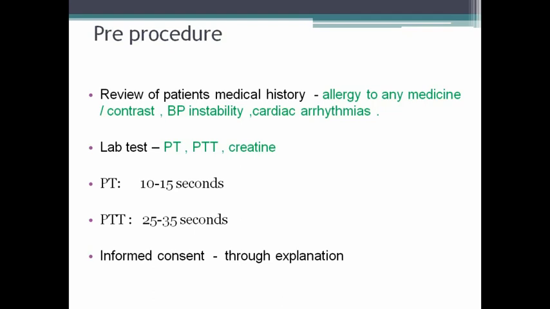Allergy to any medicine or contrast should be verified beforehand. The BP, cardiac rhythm and everything should be stable. And what lab tests are required? PT, creatinine should be there. PT, CT, BT, all these are important because you are inserting the catheter. When you insert the catheter, there will be chances of bleeding, so you should always have the count of that.